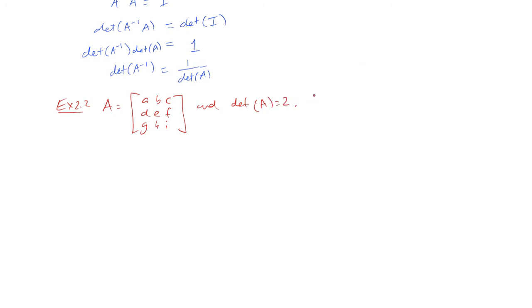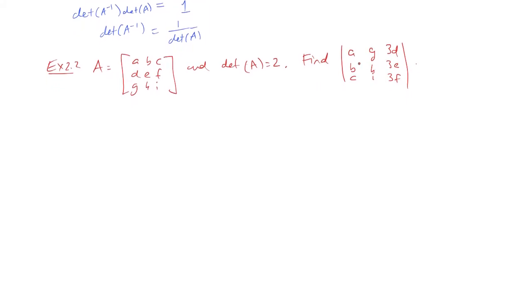Let's find the determinant of the matrix A, B, C, G, H, I, 3D, 3E, 3F. Okay, so this is a modified matrix A. You can see that our rows are becoming columns, and we have some coefficients and some swapping.